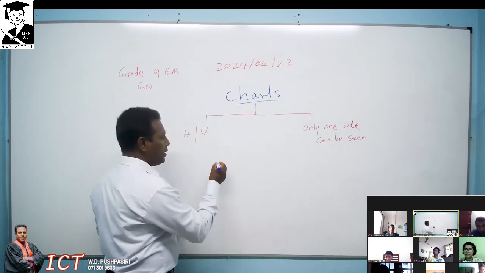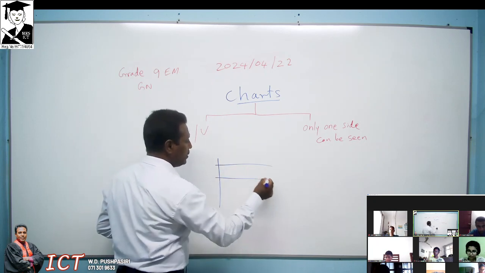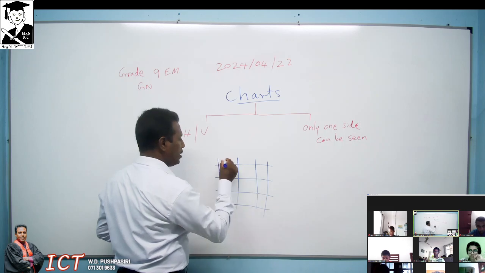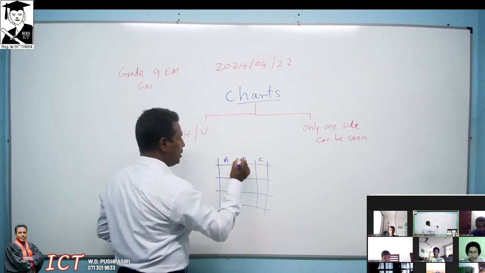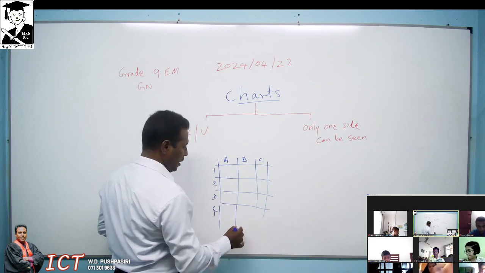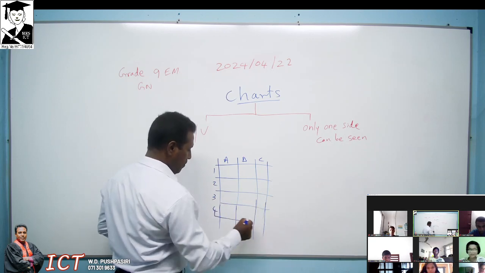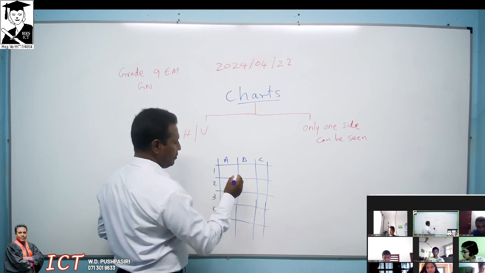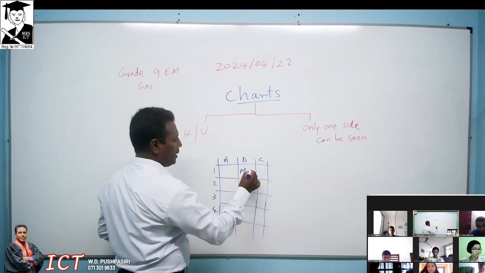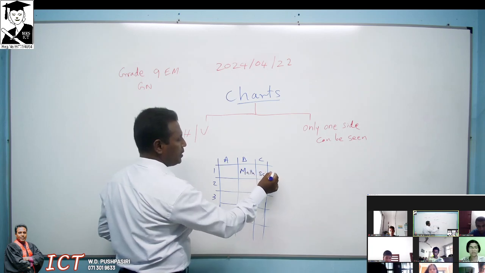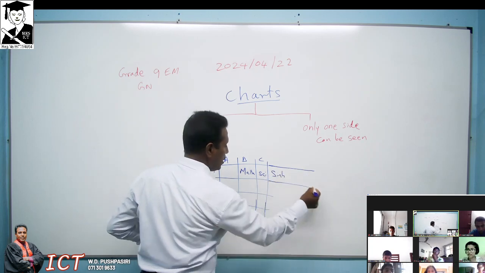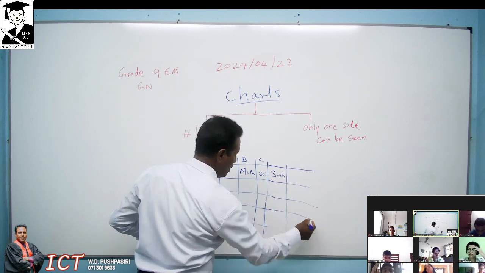Make a small table like this: columns A, B, C, rows 1, 2, 3, 4. Subjects: maths, science, Sinhala, IT.